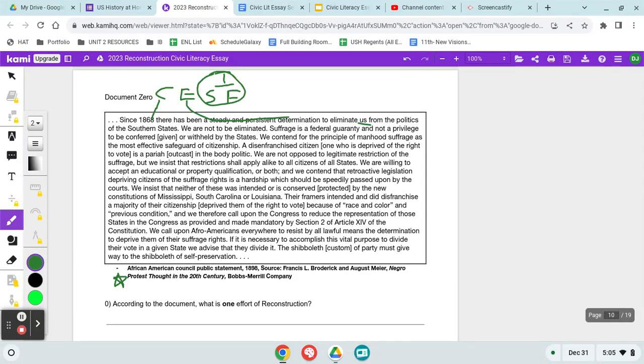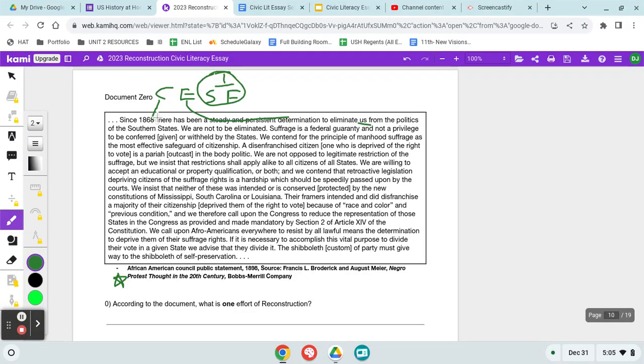So this racist effort, if you were going to write an effort paragraph on the Ku Klux Klan, or you see another document about Jim Crow segregation or black codes, this could go in your effort paragraph to describe it was a steady effort to eliminate African Americans from politics.